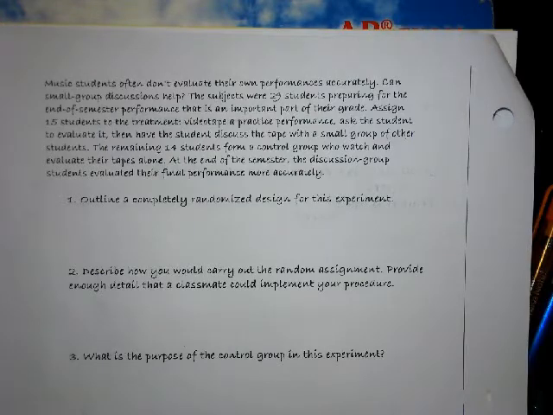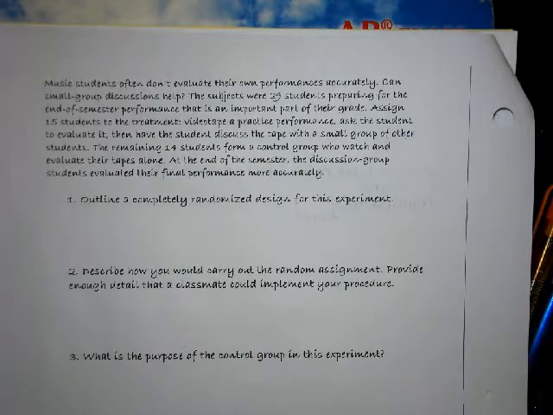Ask the student to evaluate it. Then have the student discuss the tape with a small group of other students. The remaining 14 students form a control group who watch and evaluate their tapes alone. At the end of the semester, the discussion group students evaluated their final performance more accurately.